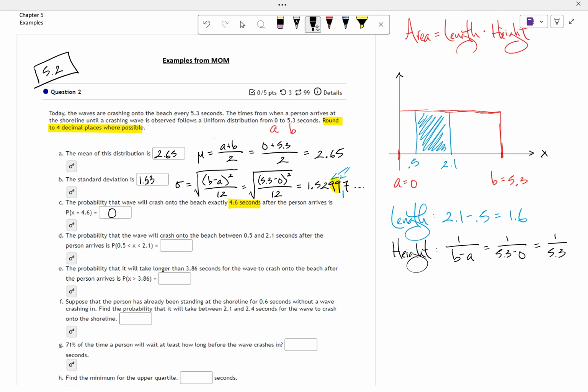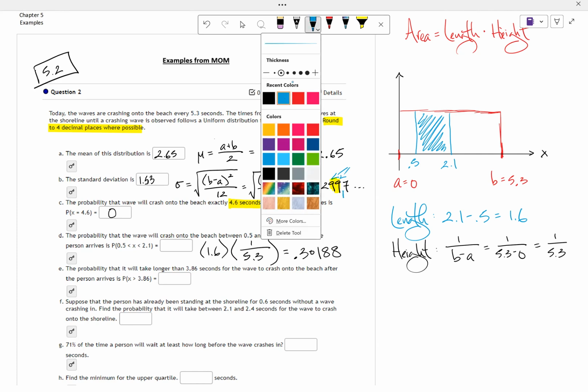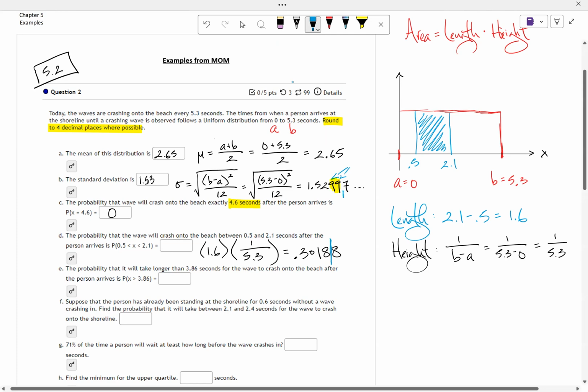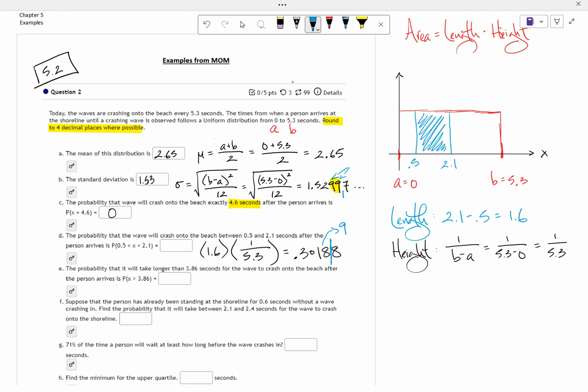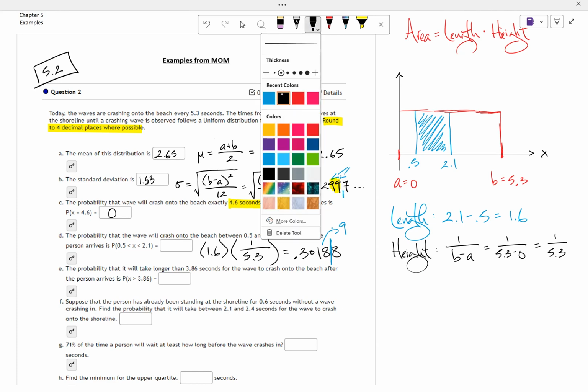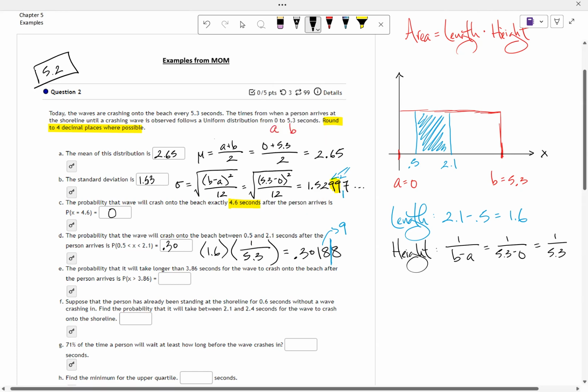To find the area, I take the length times the height: 1.6 times 1 over 5.3. When I type that into the calculator, I get 0.30188. We only want to round to 4 decimal places, and since the number after that is an 8, I round up to a 9. So I get 0.3019.